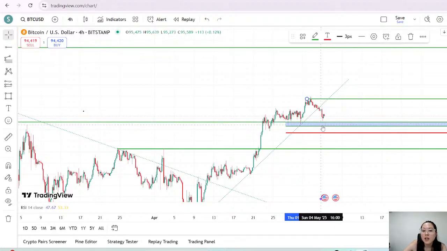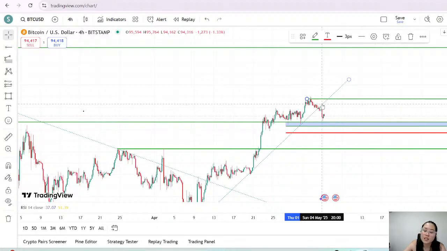It's the same thing. Right now, I have an idea of buying at this area, which is the 93028 area. That's just an idea that I have. My stop loss is at 91359 and my take profit is at the 97,000 area.